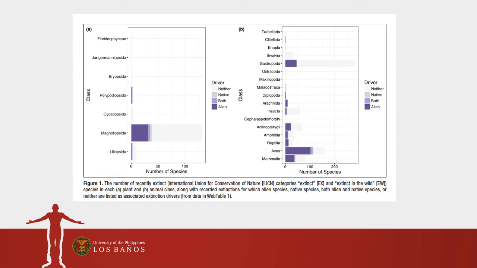Alien species ranked first as a driver of animal extinctions, well ahead of the second-ranked driver, biological resource use, that is, hunting and harvesting.